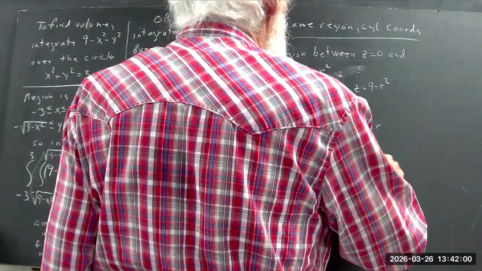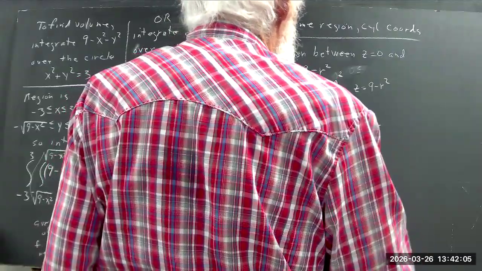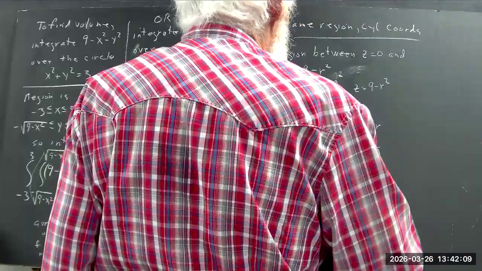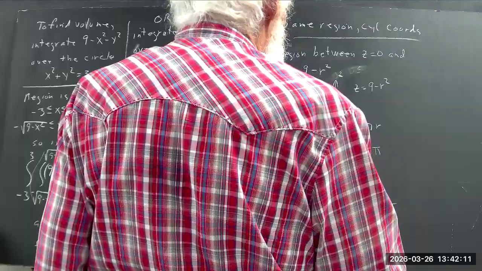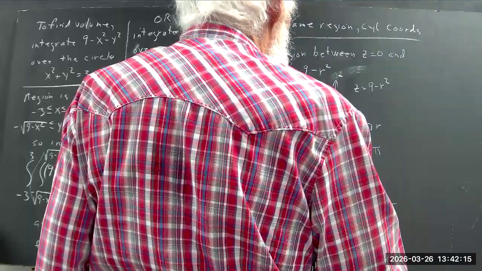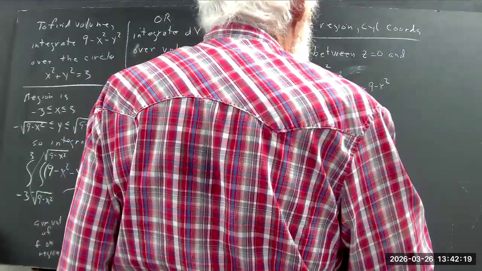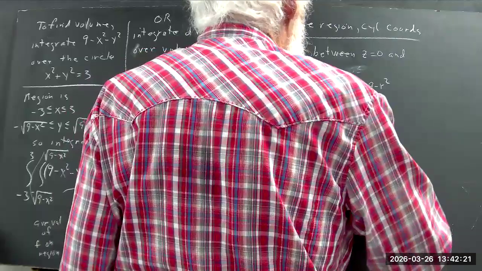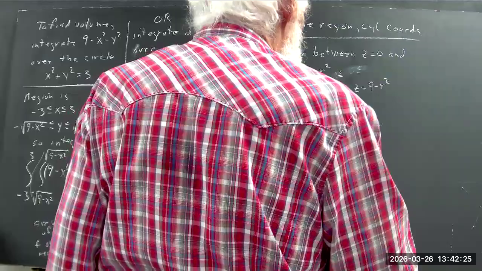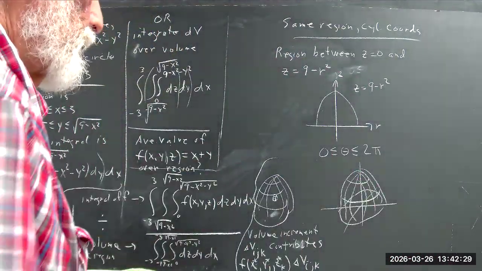Zero less or equal to theta less or equal to 2 pi tells you that you get to revolve this thing about the z-axis. So you get the same picture you had before. Badly drawn, but there it is.